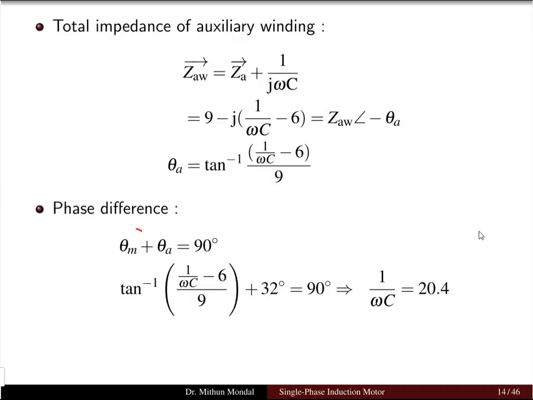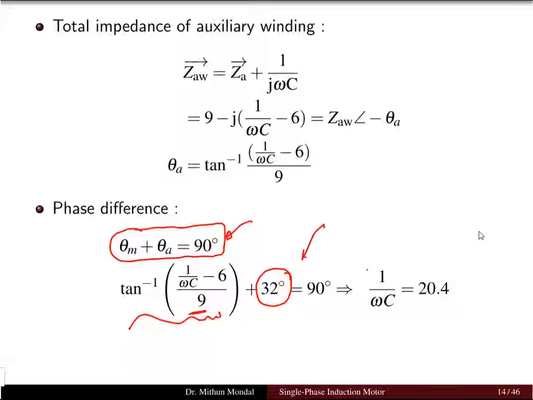Now the sum of the angle of the auxiliary winding and the main winding comes to be 90 degrees. This is the information given. We have already seen the 32 degrees for the main winding, and the auxiliary winding is the summation of the capacitor and the auxiliary winding. Its phase angle is tan inverse of the quantity given in the bracket. We have to add it. The unknown quantity is basically omega C. If we solve this equation, we get 1 by omega C equal to 20.4.